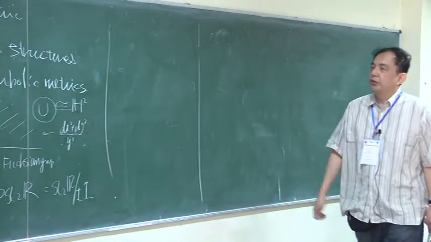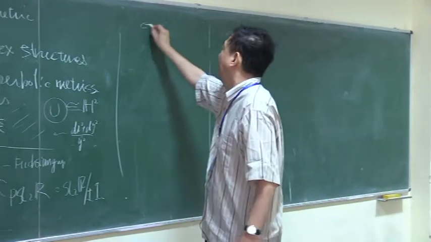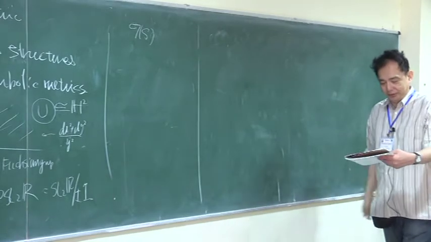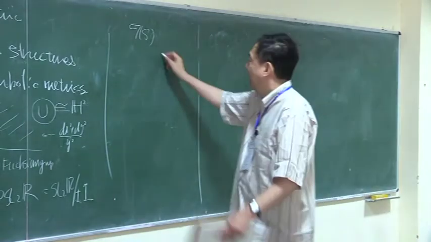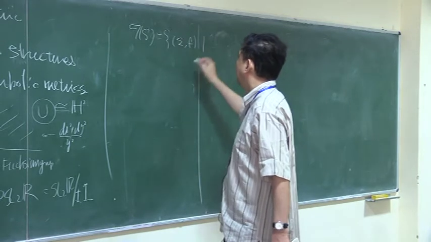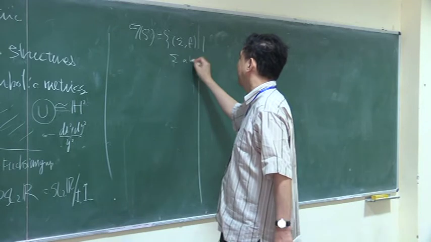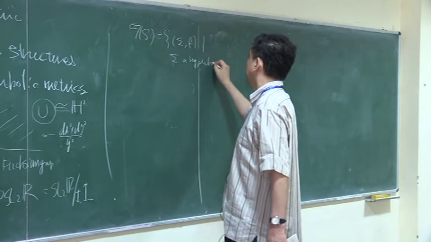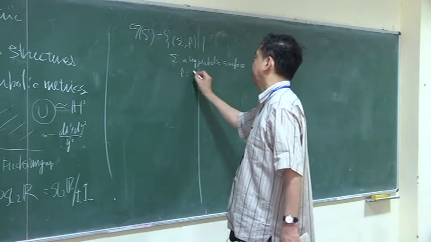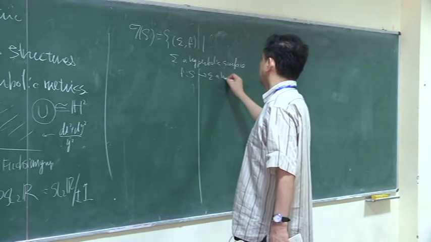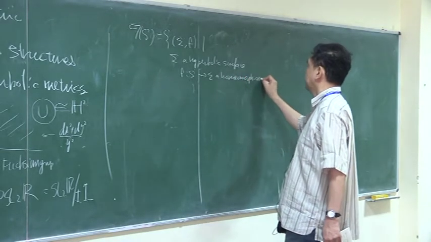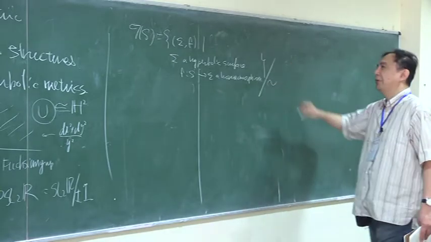Okay. So now another way to define Teichmüller space is this. We consider the pair (sigma, F), where sigma is a hyperbolic surface and F is a homeomorphism. And we mod it out by some relation.